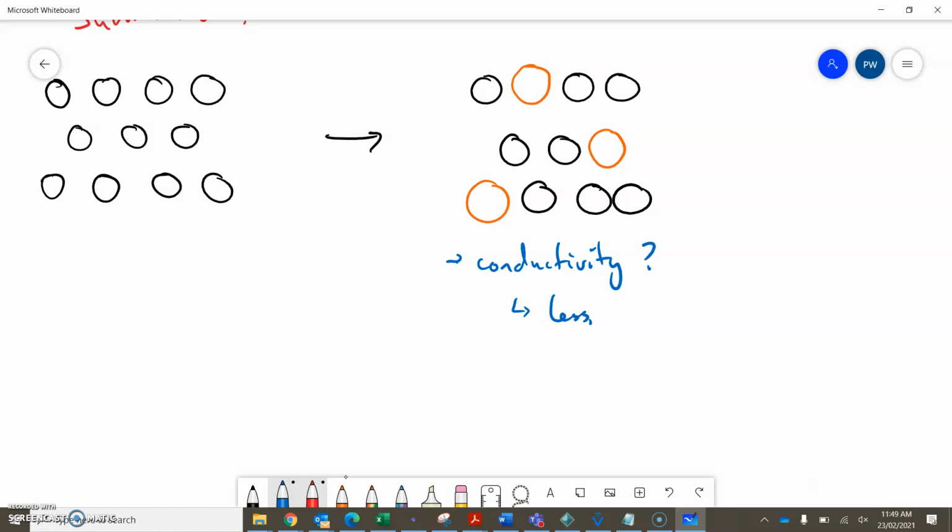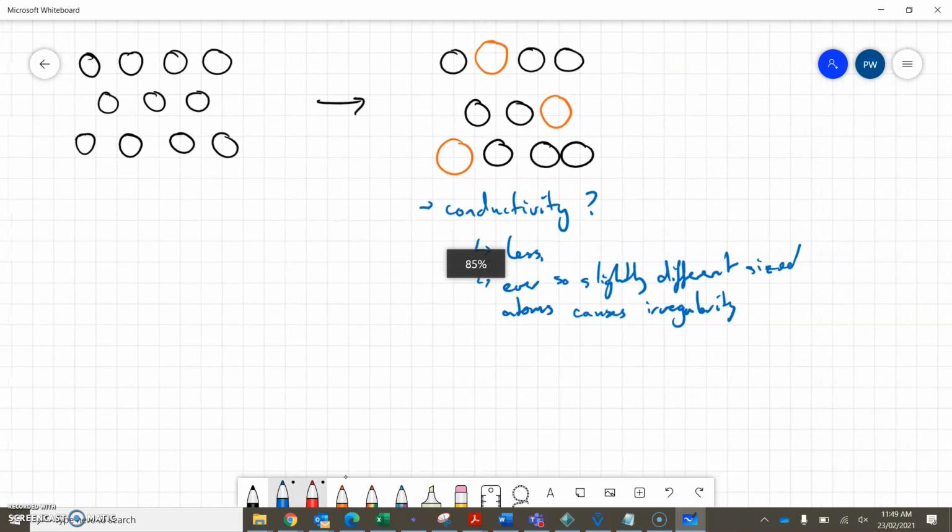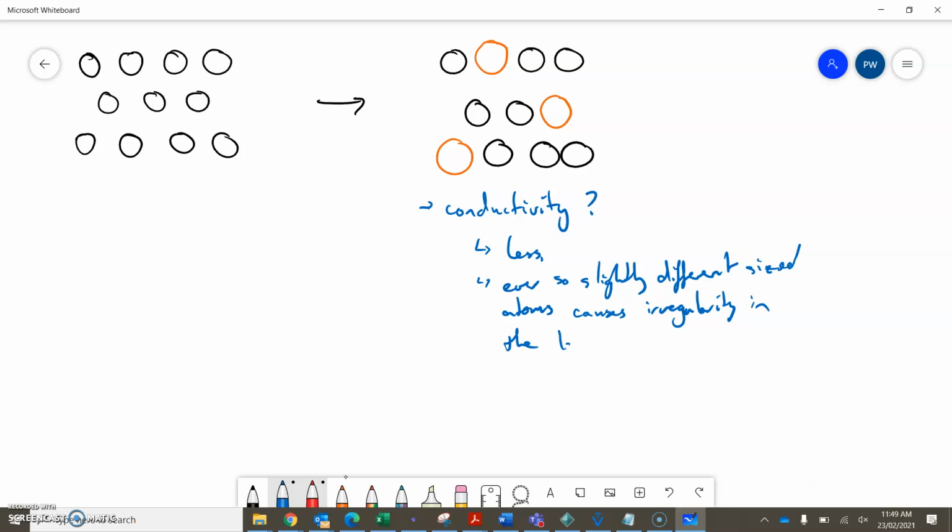So I've got ever so slightly different sized atoms, which causes an irregularity in the lattice structure, and therefore increases the resistance.